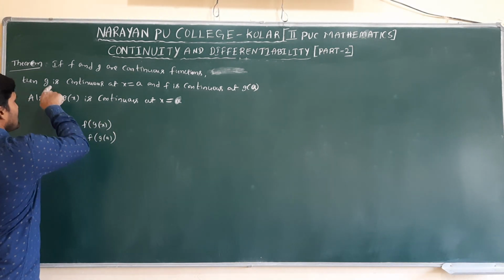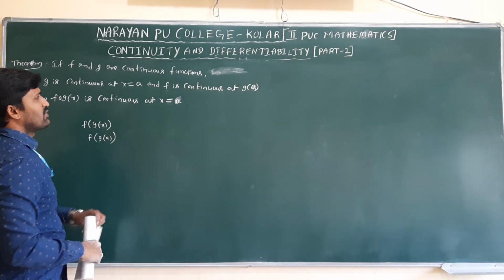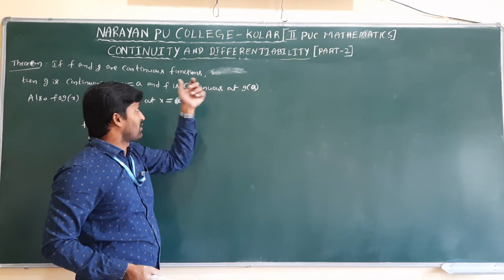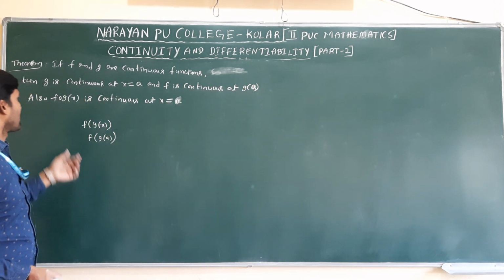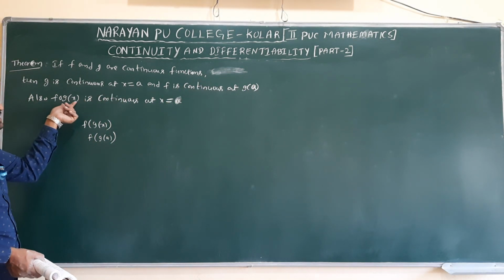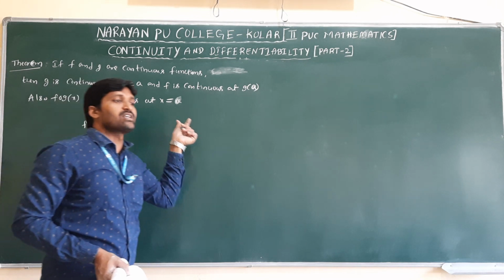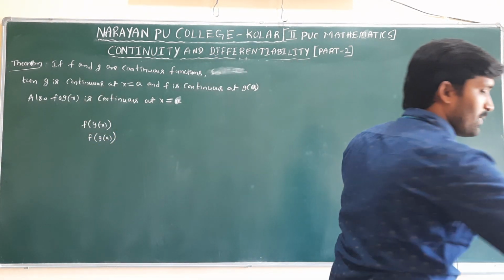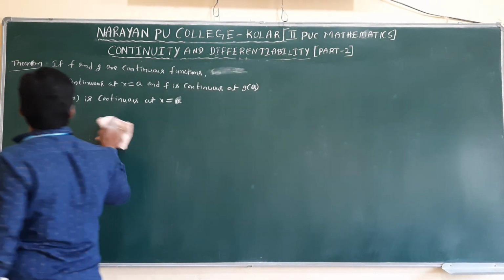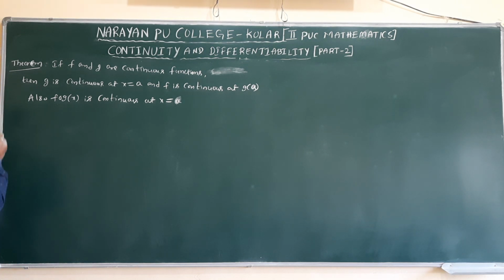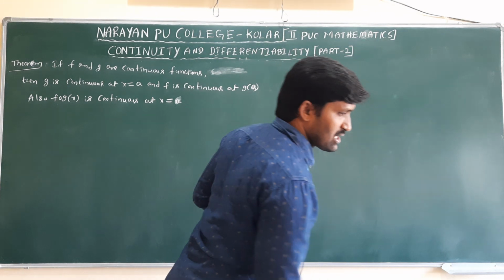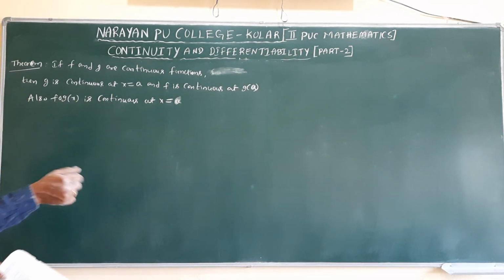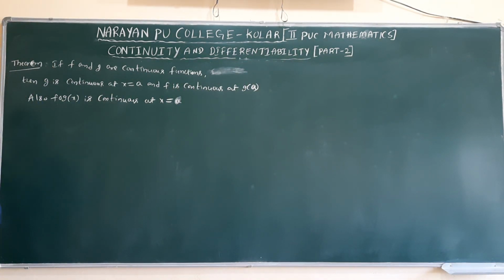First we need to check whether g is continuous at a. From that we identify that f is continuous at g of a. Finally we can conclude that f circle g is also continuous at the point x equal to a. This is the theorem. The simple logic is that when two functions are continuous, their composition is also continuous. That is the conclusion of the theorem.